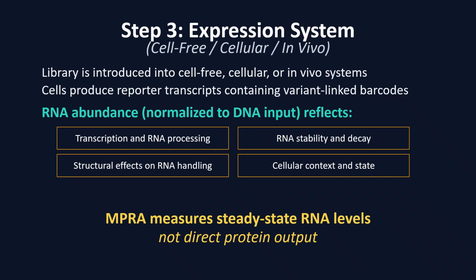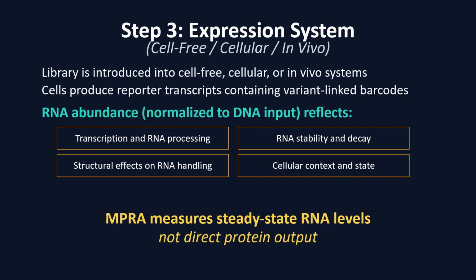RNA abundance actually reflects steady state RNA levels, which are determined by multiple processes acting together, such as construct transcription, RNA processing, its stability, and how quickly it is degraded. RNA structure can influence accessibility to decay enzymes or ribosomes.